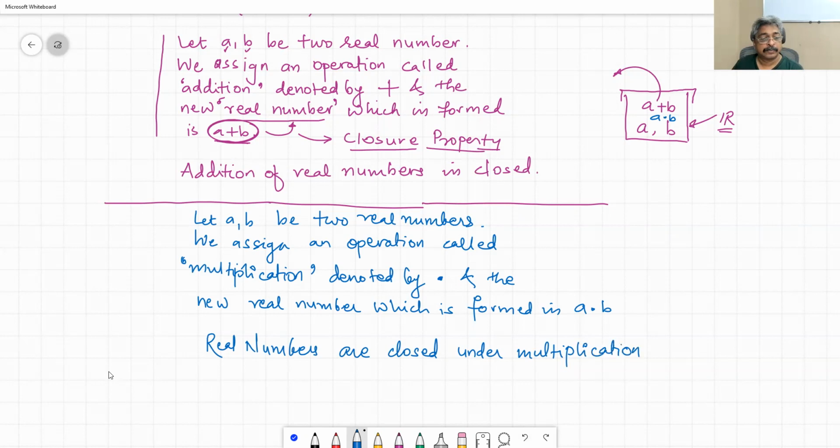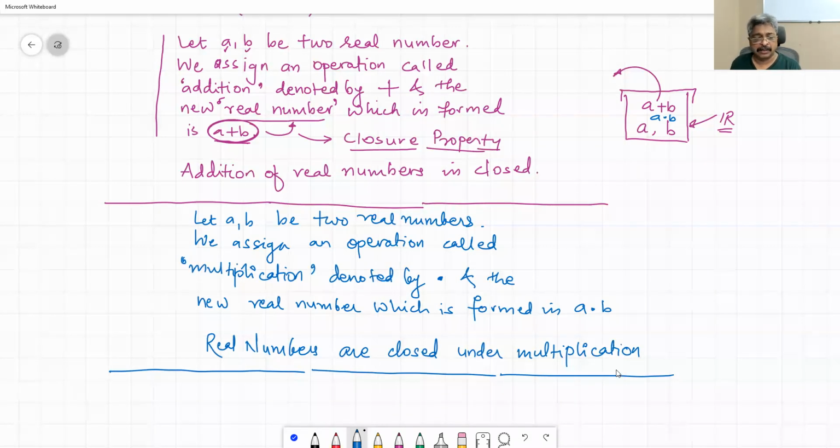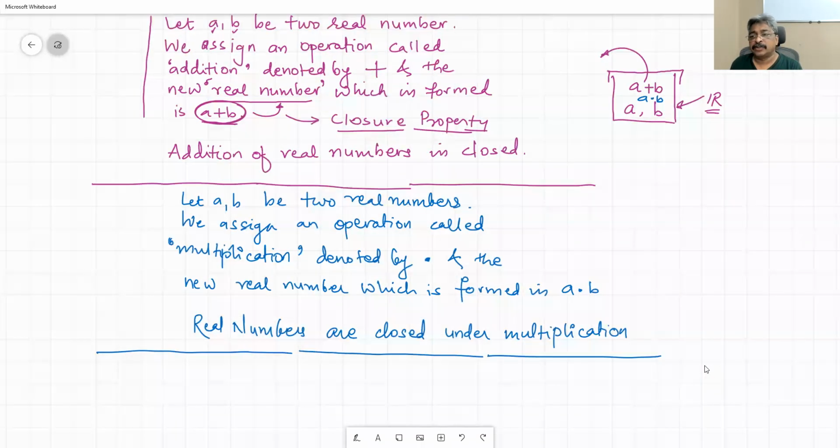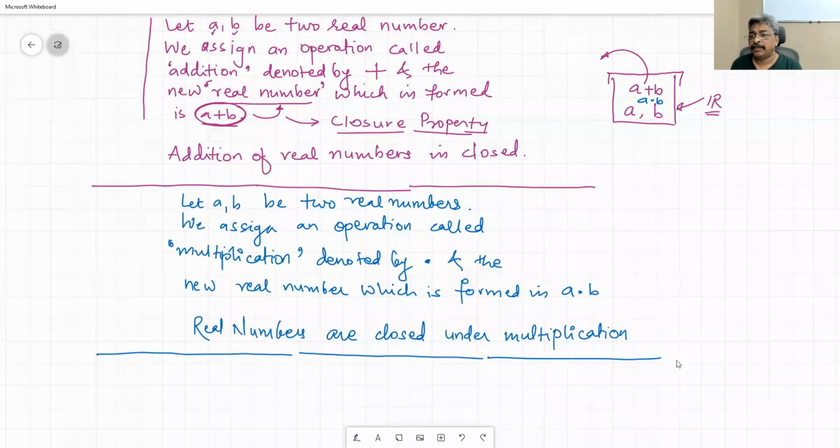Okay. This is closure property. Closure property of addition, closure property of multiplication. And I think both of them are axioms, since we have to start with something. Either A plus B is inside the box or A plus B is out of the box. A dot B is inside the box or A dot B is outside the box. That is the decision that needs to be made in the beginning.